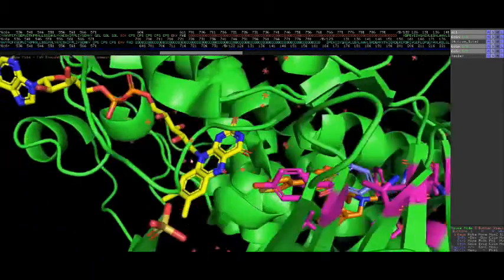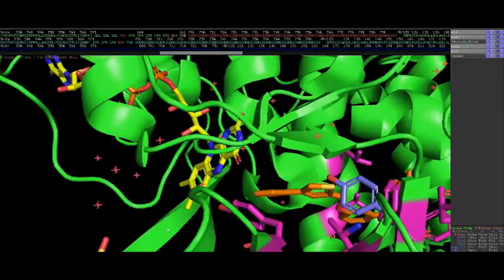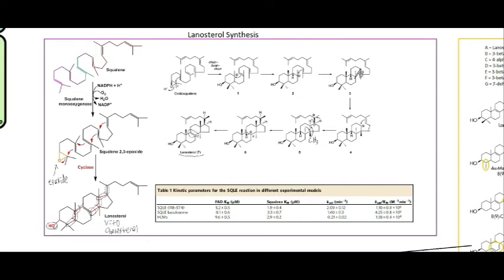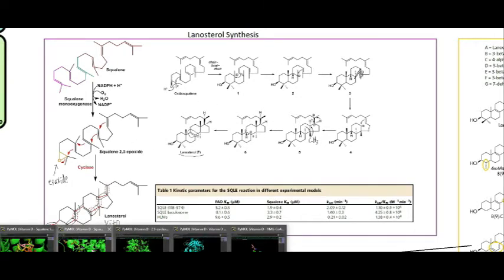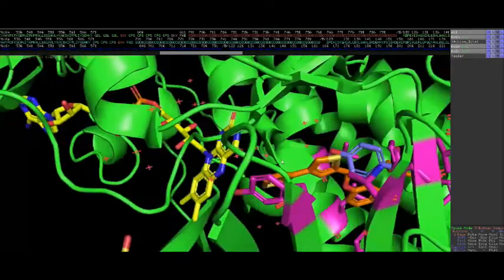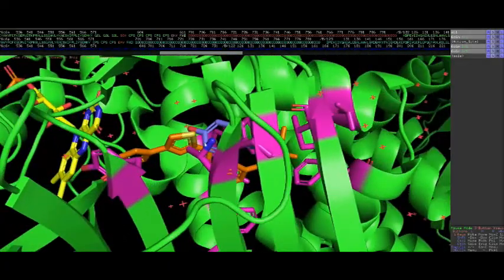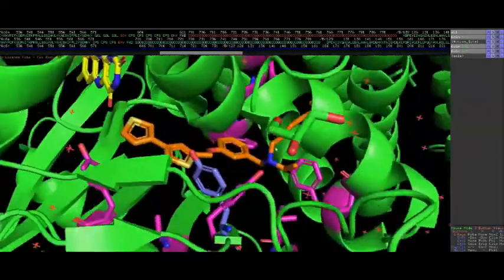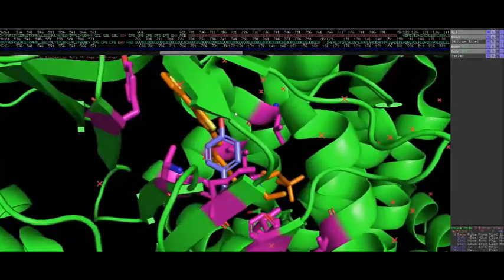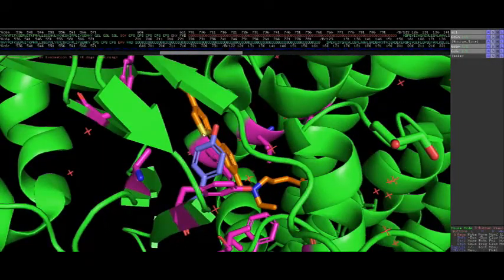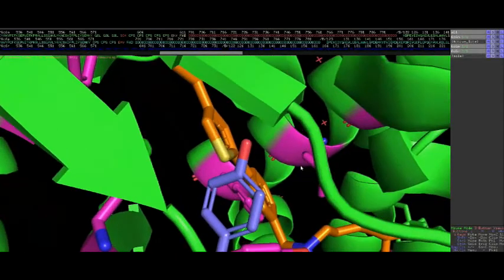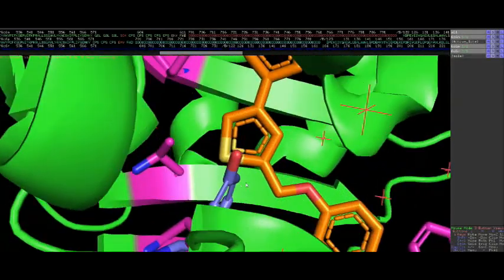This doesn't show any of the active site residues, but we can see the active site residues I have here in purple. So this inhibitor is binding right where the substrate would also be binding.